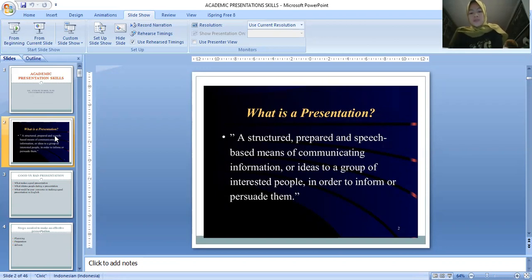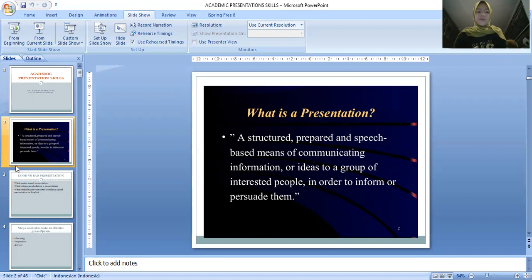It is also a means of communication that can be adapted to various speaking situations, such as talking to a group of people, addressing a meeting, or briefing the team. And to be effective, step-by-step preparation and method of presenting information, of course, should be carefully considered.